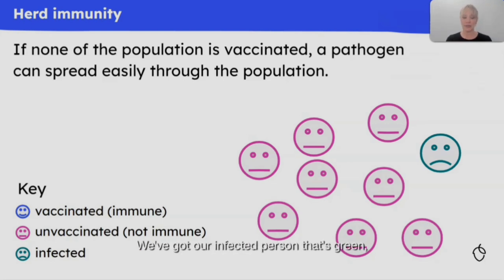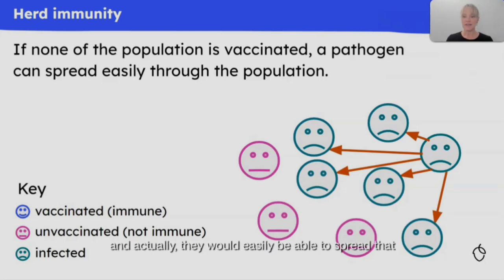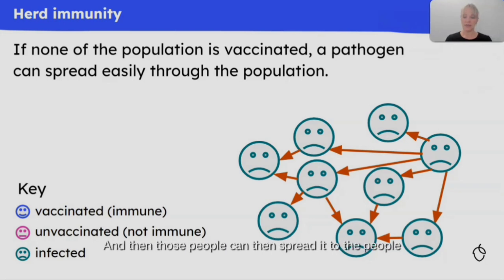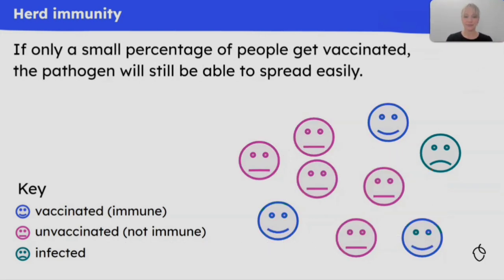We've got our infected person that's green, and they would easily be able to spread that onto people in their close vicinity, and then those people can spread it to the people in their wider vicinity.